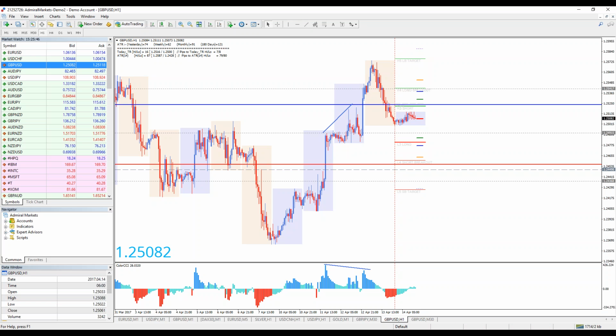So why didn't the price go down from this spot, simply by watching divergence? Because, guys, simply relying on divergence is not enough. It's not enough, guys.